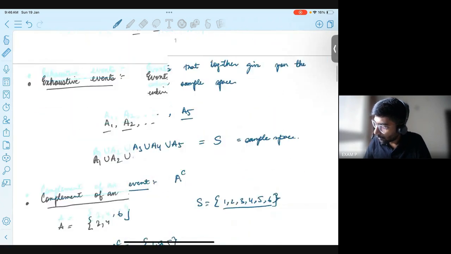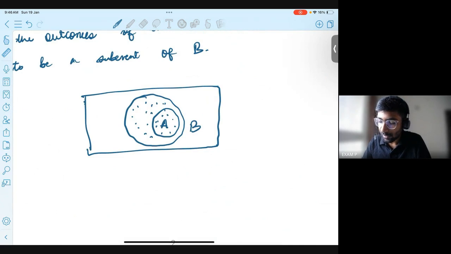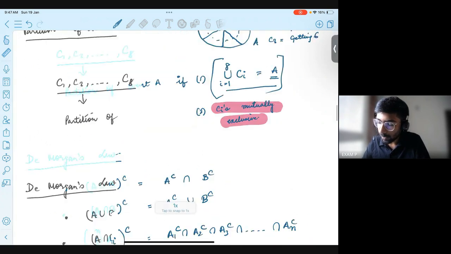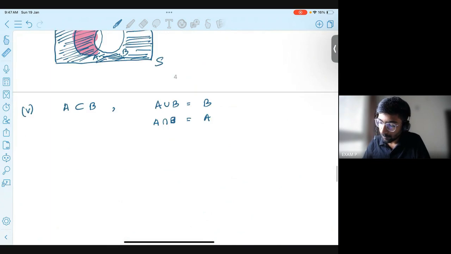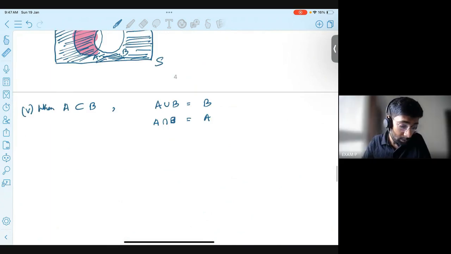If this is the sub-event, then the union means this entire bigger set B, and the intersection is only A. Do you understand this point?